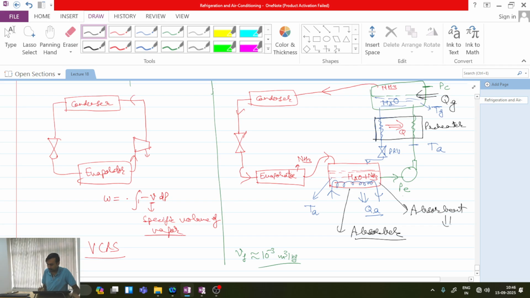So over here, water is used as the absorbent; for the ammonia-water system, water is the absorbent. Is this one clear? And the top chamber, where we separate water and ammonia, means we are generating water and also generating ammonia. So this chamber is called the generator.